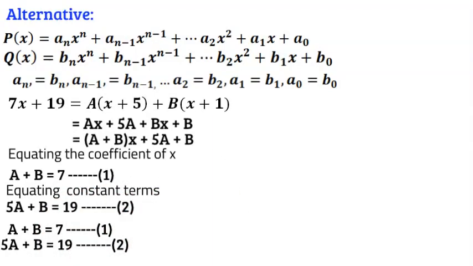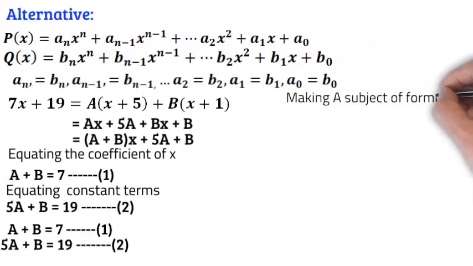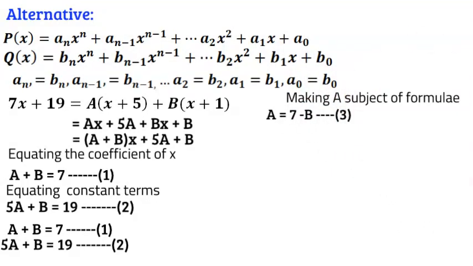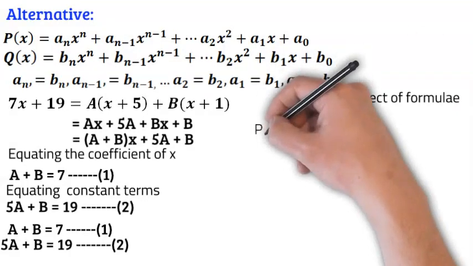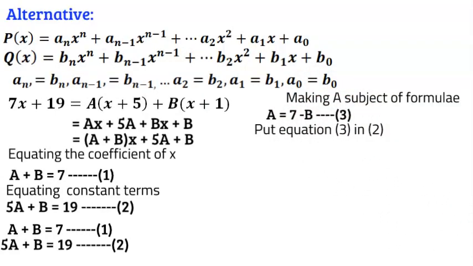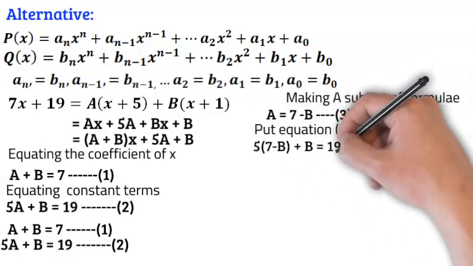From equation 1, make A the subject, so A equals 7 minus B. We name that equation 3. Now, let's put equation 3 into equation 2 to obtain 5(7 - B) + B equals 19.